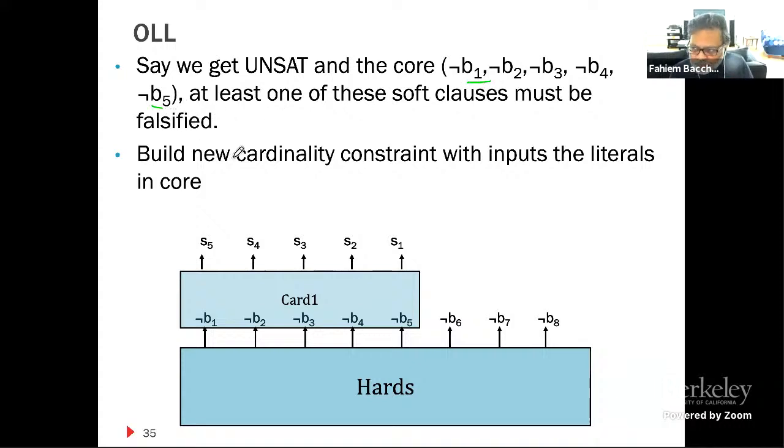So now I'm going to build a new cardinality constraint whose inputs are exactly the literals from this core, this clause that I got back from SAT solving under assumptions. I build myself a new cardinality constraint, which sums up these literals and adds these new summation literals.